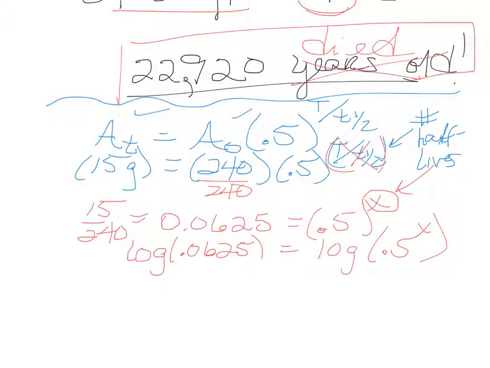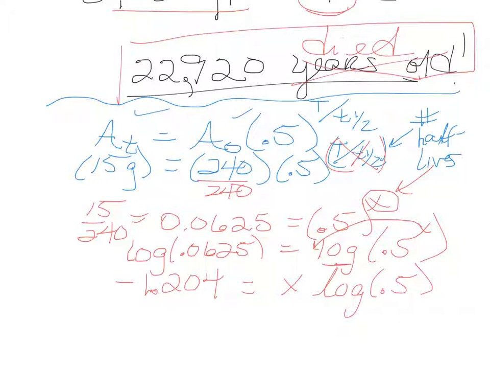The log of 0.0625 is, let's see, minus 1.204. And the log of something with an exponent, the exponent comes down. So this rearranges to be x times log of 0.5. And then the log of 0.5 equals minus 0.3010.